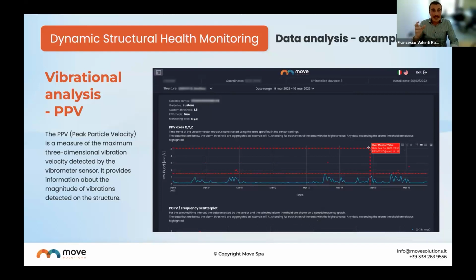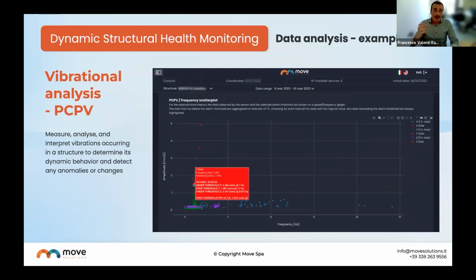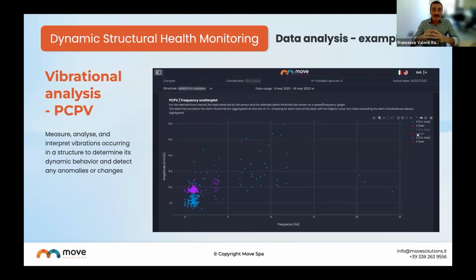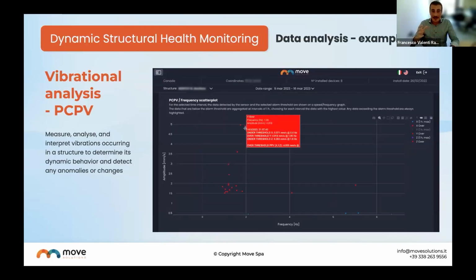And then we have the PCPV, the peak component particle velocity, on a frequency scatter plot. That is a graphical representation of data collected by the 3 axes of the sensor during a selected time interval.